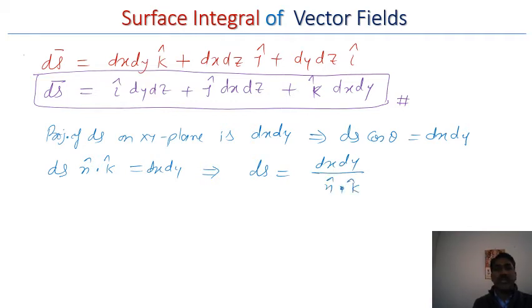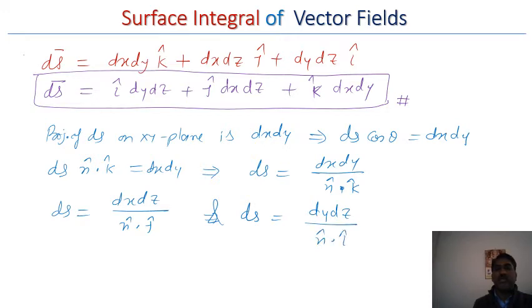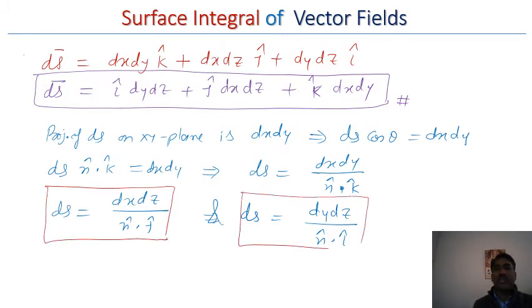And similarly, sometimes when needed, we write ds as dx dz by n dot j, and ds is equal to dy dz by n dot i. So just remember these formulas when we perform surface integrals in vector calculus.